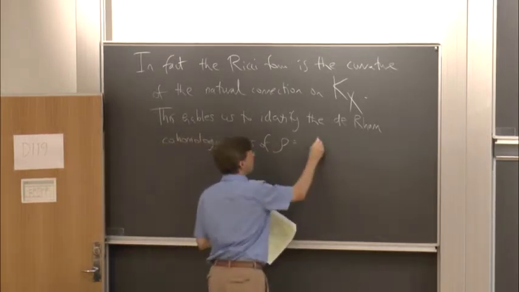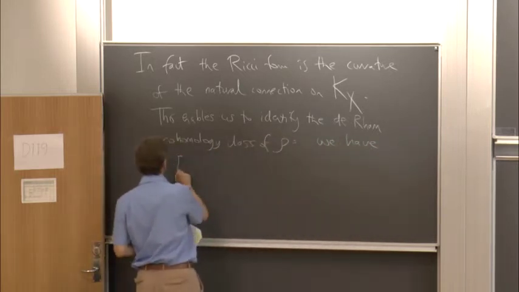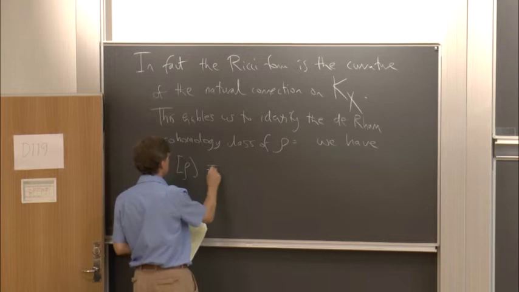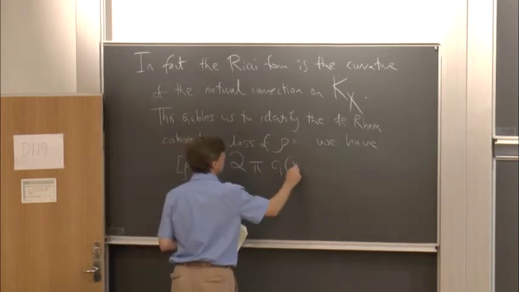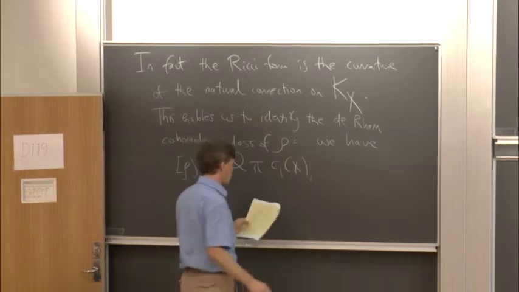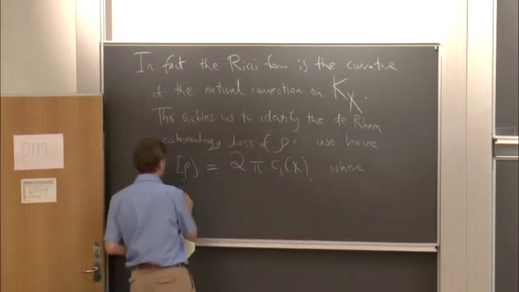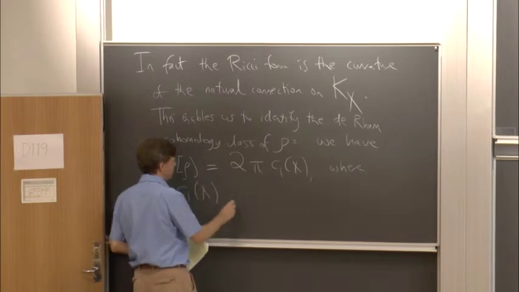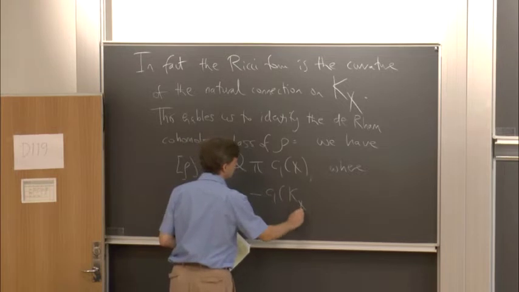So we have [rho] is 2 pi times c_1 of X, where c_1 of X is actually minus c_1 of K_X.